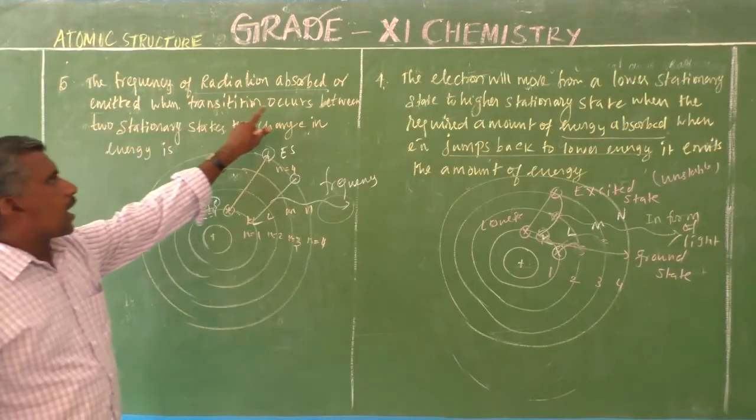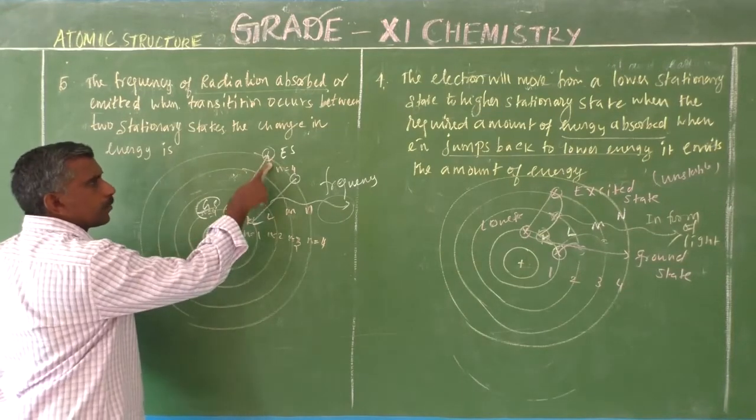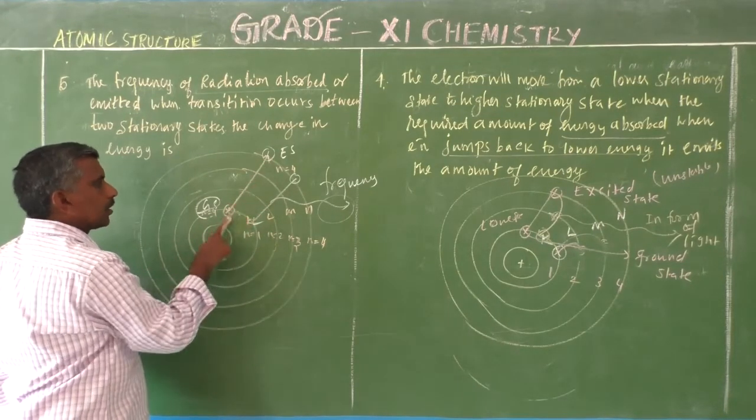The radiation frequency is emitted when a transition occurs between two stationary states. One stationary state is the fourth, the other maybe third or second. That is a transition.